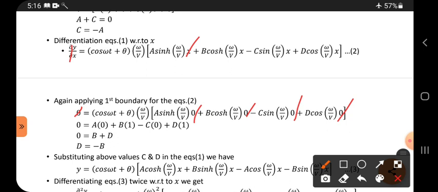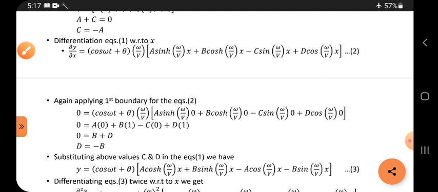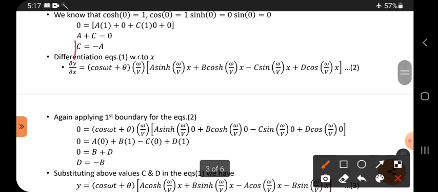Sin 0 is 0 and cos 0 is 1, so we get 1 into b and 1 into d. So b plus d equals 0, and from this d equals minus b. So we got c as minus a and d as minus b.